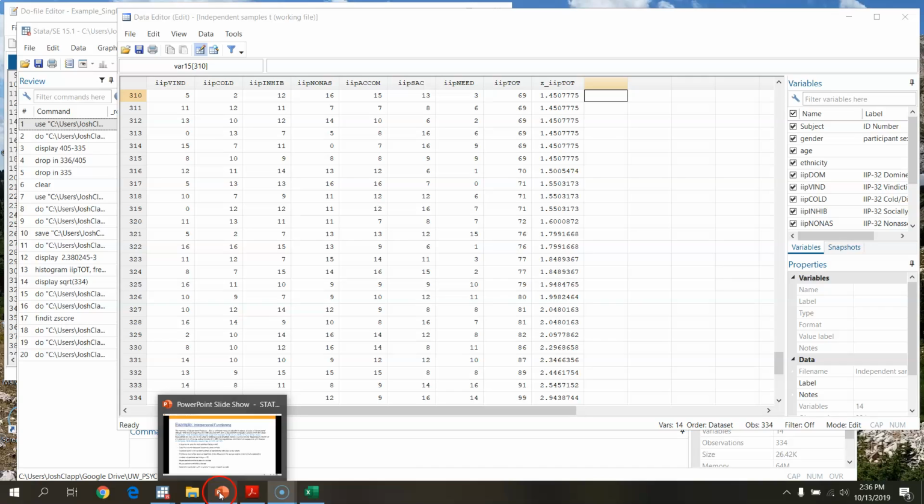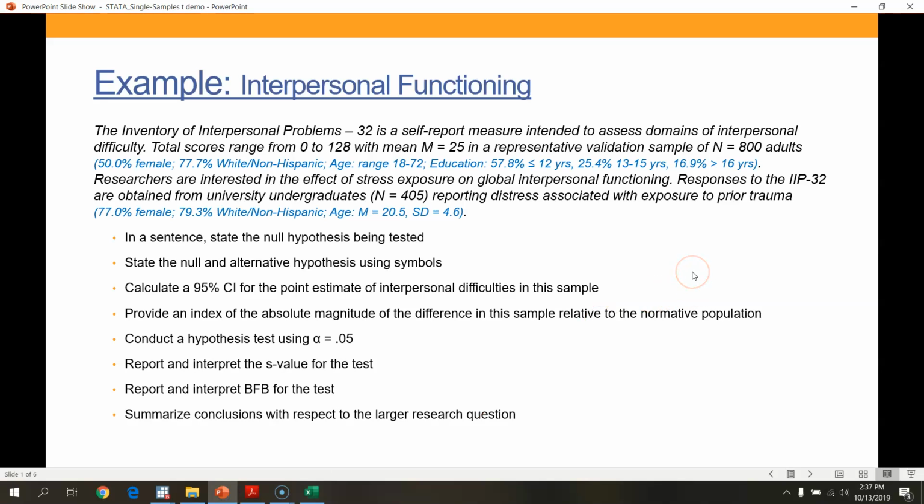So once again, remember we're working with a sample set of data looking at interpersonal difficulties among student survivors of significant trauma, as compared to the normative population of adults. In the manual for this measure, a mean score of 25 in adults was reported in a nationally representative sample.